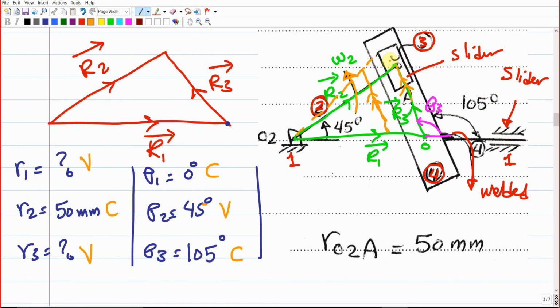Slider A. R1 will be shortened, so we say R1 is variable.